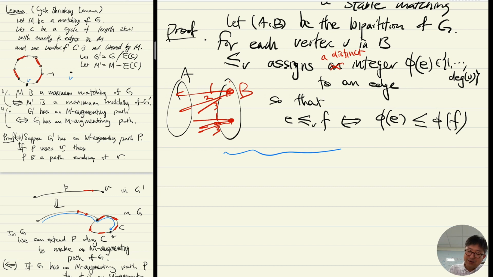So what we're going to claim is the following. There exists a matching M with the following property.